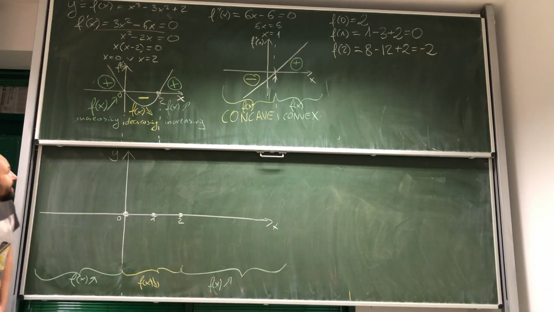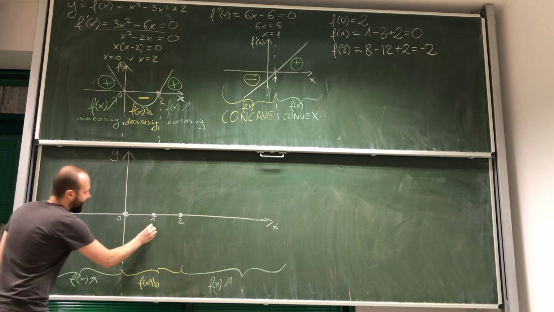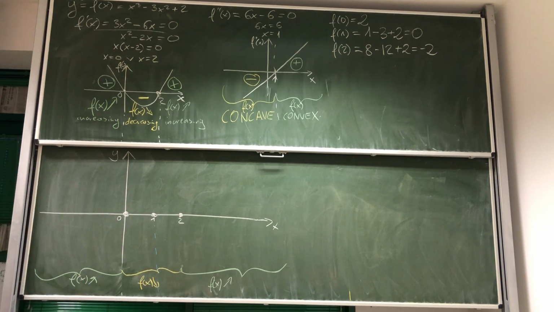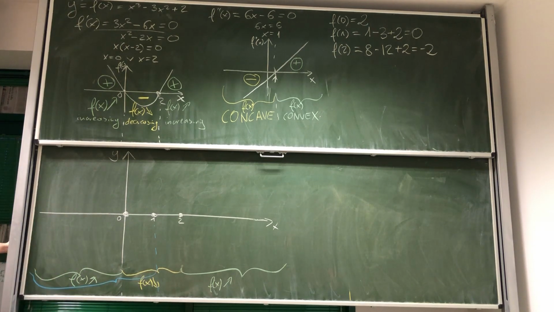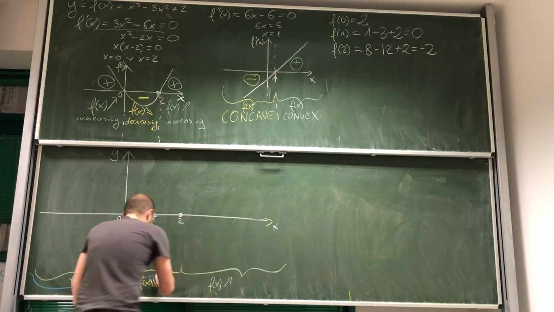But look, this is not all the information we have. Because additional thing we know is that, let me just draw it like this. From negative infinity to 1, the function is concave. Then, from 1 to infinity, it's convex.